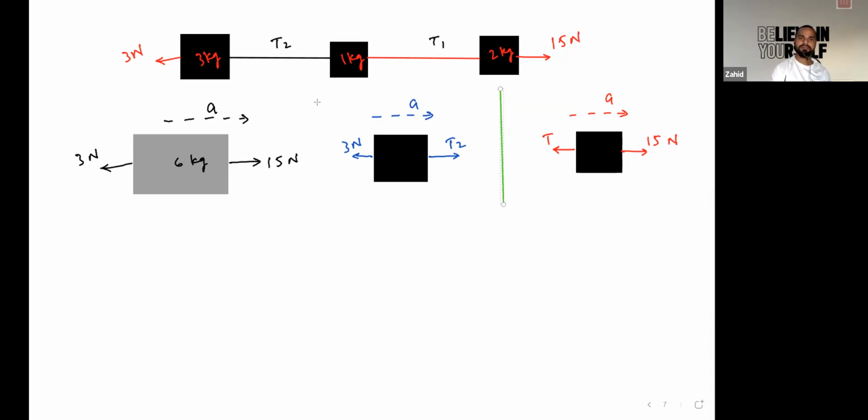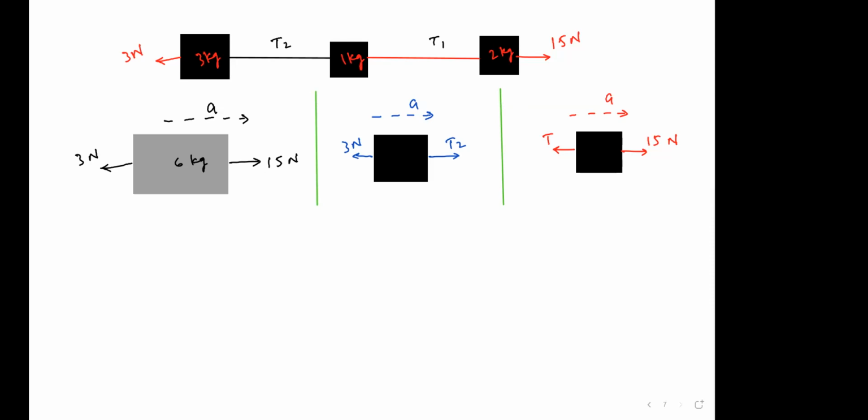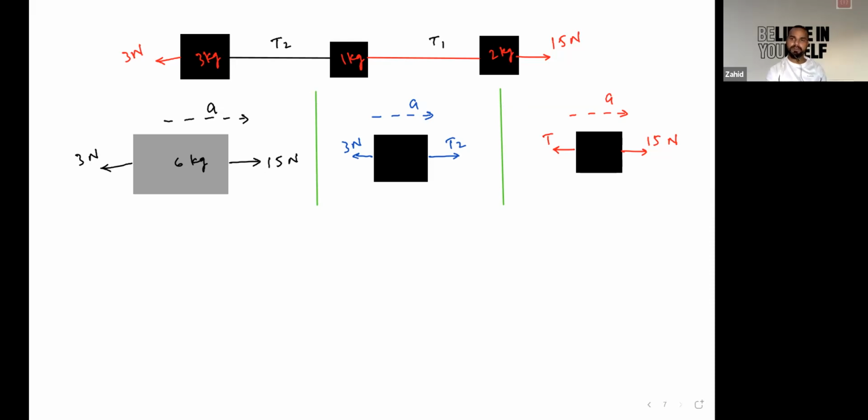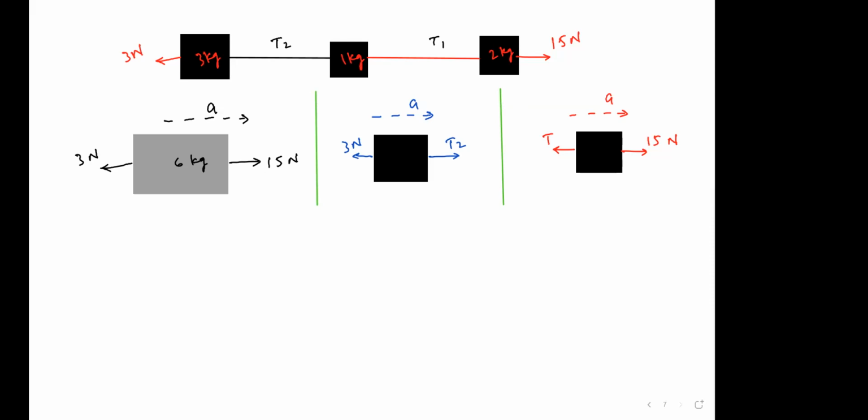Apply second law for each term. You get T1 and T2. Sir, we have to find that total tension, right? We will add T1 plus T2. No, no. You have to find individually. Oh, okay.